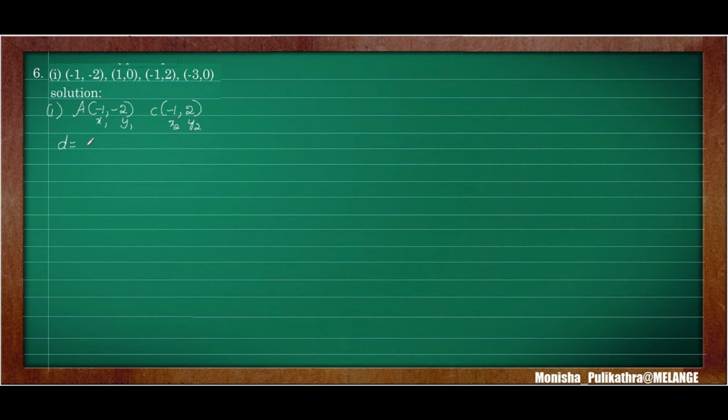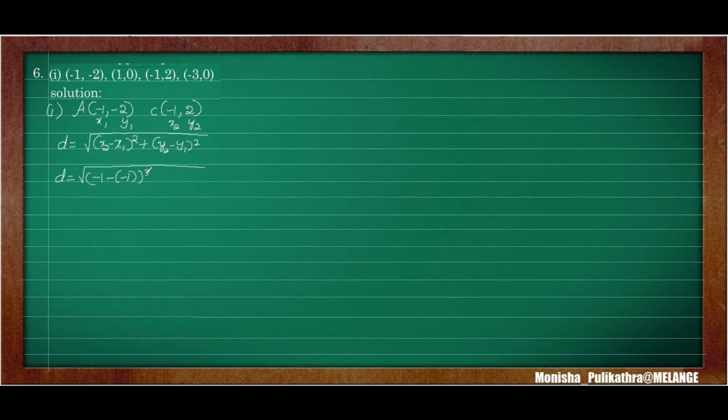Apply distance formula. D is equal to square root of (x2 minus x1) whole square plus (y2 minus y1) whole square. So D is equal to square root of, substitute the values for x1, x2, y1, y2. Here x2 is minus 1, minus of x1 is also equal to minus 1.